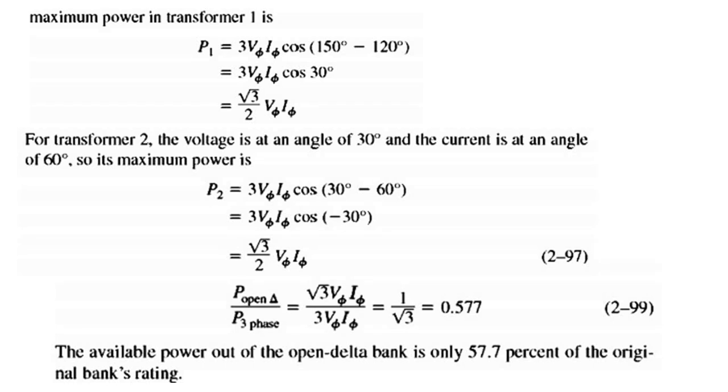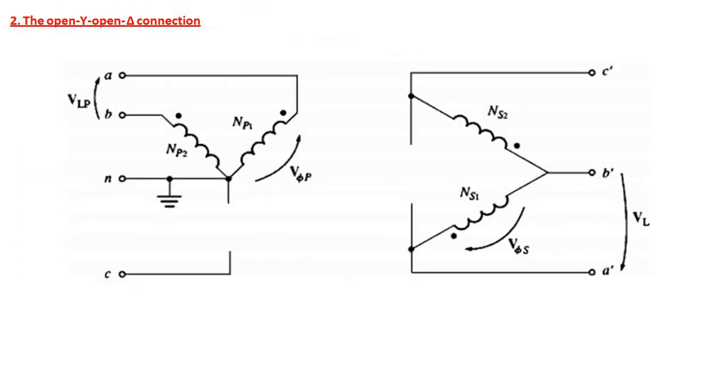Then P open delta over P three-phase is equal to root 3 V I cos phi divided by 3 V I, which is equal to 1 by root 3, equal to 0.577. The available power output of the open delta bank is 57.7% of the original bank's rating.